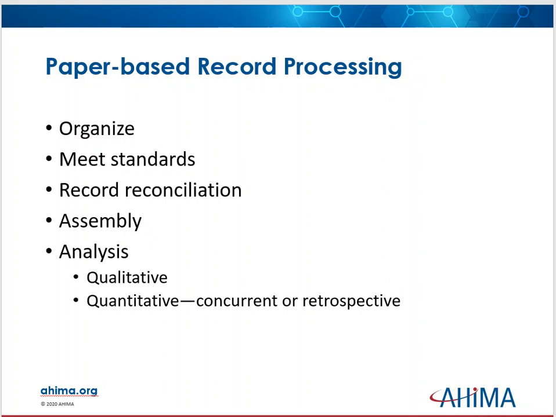So it's really important that you're organized, knowing where all the paper medical records are and what years you have. Each individual medical record needs to be indexed and identified, so if you're looking for it, you know exactly where it is or who has it. There's a lot of standards that need to be met.